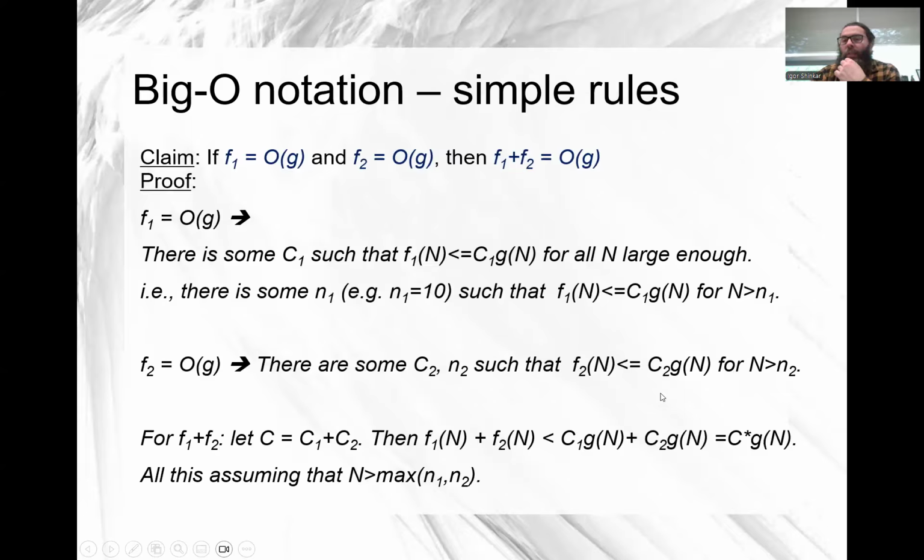And what's this constant? It's just the sum of these two constants. I hope you're getting this. So this exactly means that f1 plus f2 is less than c times g for all sufficiently large n, which is exactly the conclusion that we wanted.